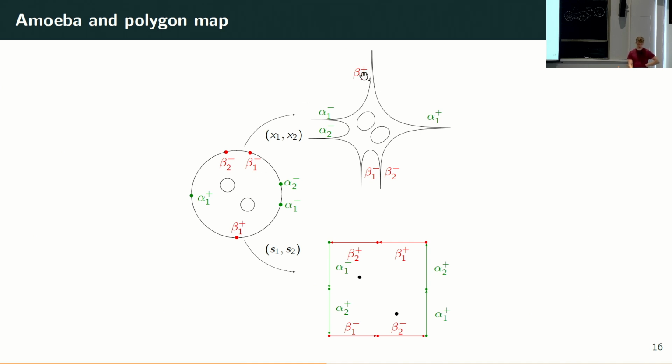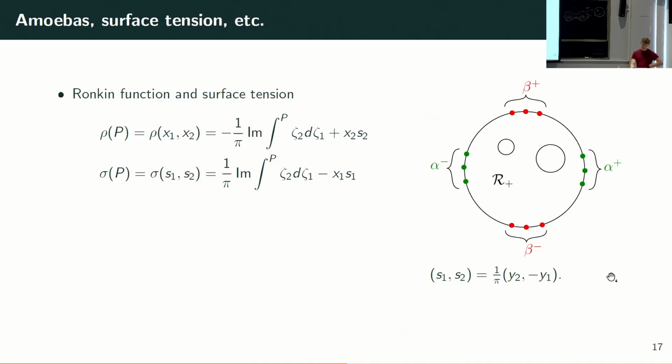Right, okay, so now we have these two maps. Furthermore, and this is actually a new result, we introduce the Ronkin function and the surface tension. This right here is the Ronkin function. It doesn't really matter what the formula is, but it's a formula in terms of all the objects that we've already seen.